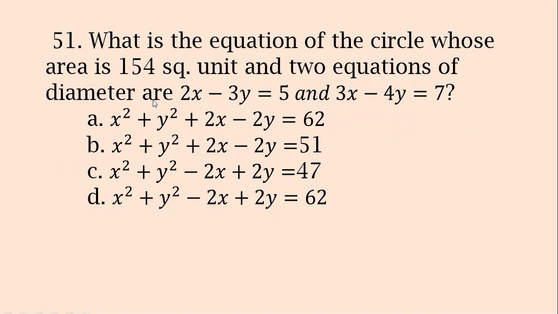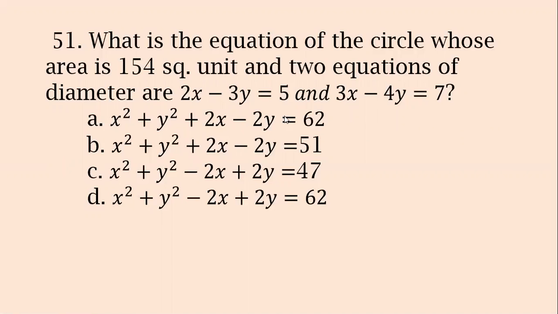Now 51. What is the equation of the circle whose area is 154 square unit and two equations of diameter are 2x minus 3y is equal to 5 and 3x minus 4y is equal to 7. So with these two pieces of information, that is, two diameters are given and the area of the circle is given, we have to find out the equation of the circle.